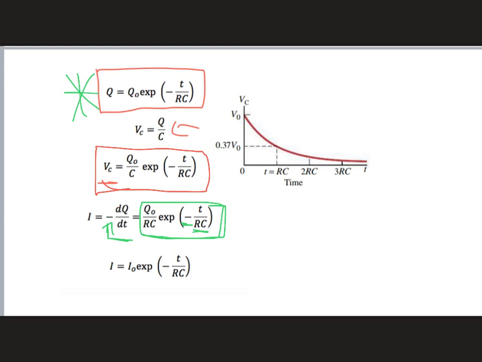And that leaves us with this expression, Q naught over RC times e to the minus t over RC. This Q naught over RC, that's obviously going to be some kind of current. And so typically, we would write this expression as I equals I naught e to the minus t over RC. Now what's interesting is that in the discharging case, all three expressions, charge, voltage, and current, give you an exponentially decreasing function.